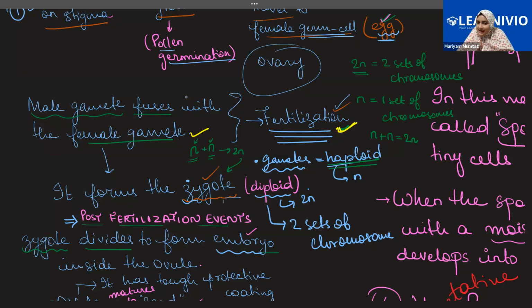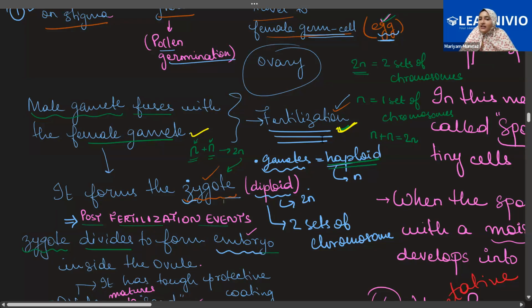And zygote is diploid. And the parent cell, like the parent plant, is haploid or diploid? Diploid. Very good. So, in order to restore the number of chromosomes, the male and the female gametes are haploid in nature, and when they fuse, a diploid zygote is formed. And this process wherein the male gamete fuses with the female gamete, we call fertilization.